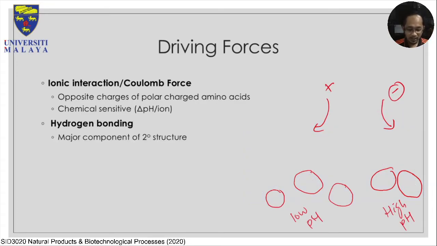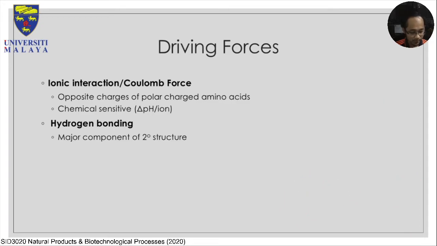Other than ionic interaction, you do have hydrogen bonding. Hydrogen bonding is the major component of secondary structure, because alpha helices and beta sheets are formed by hydrogen bonding. We're going to look at it in more detail afterwards.